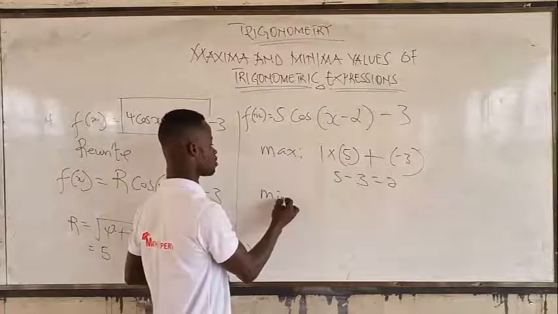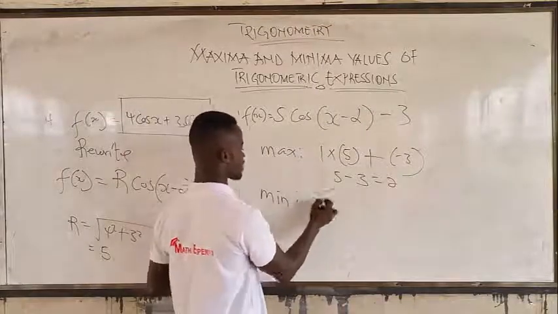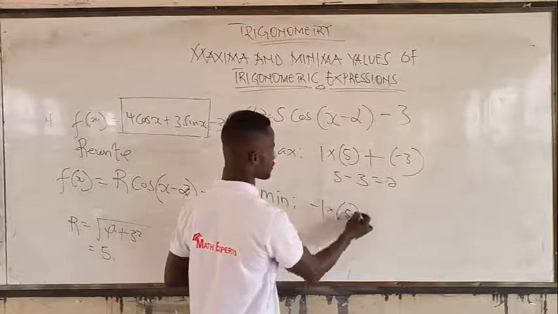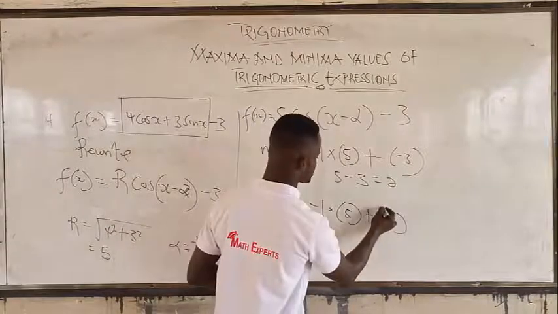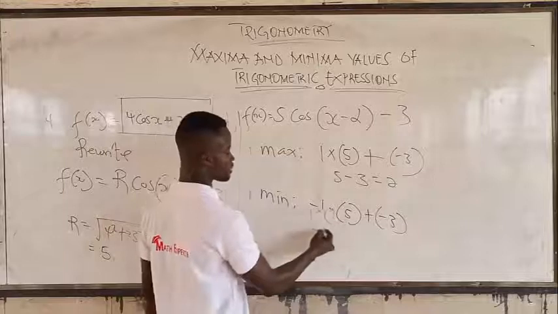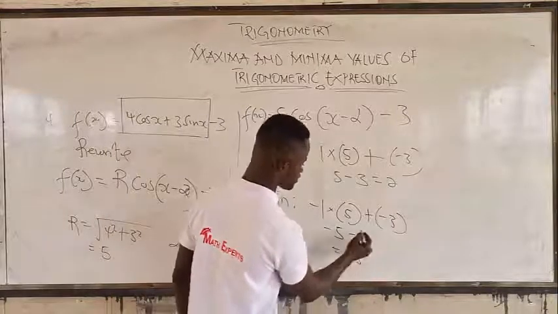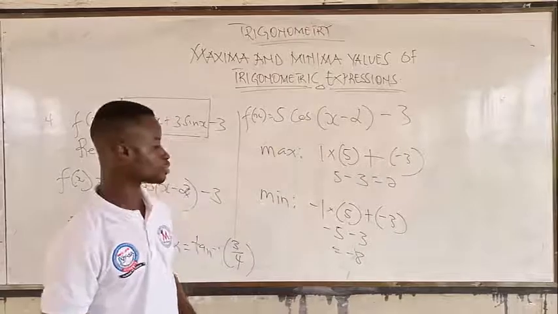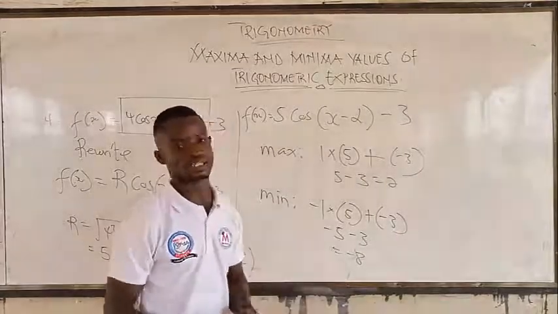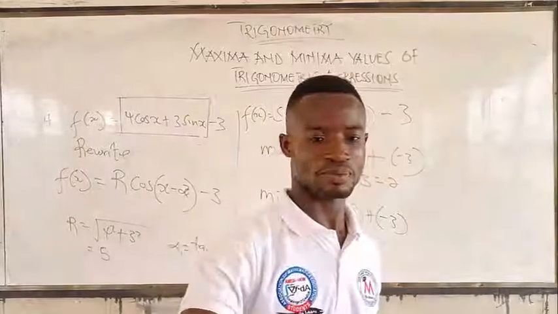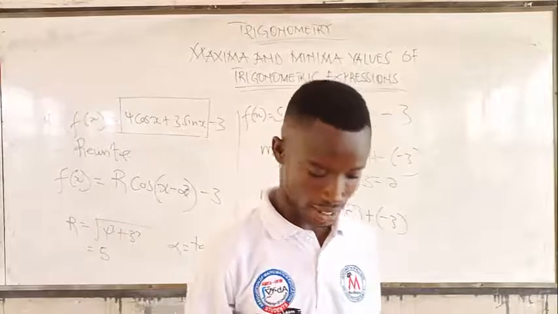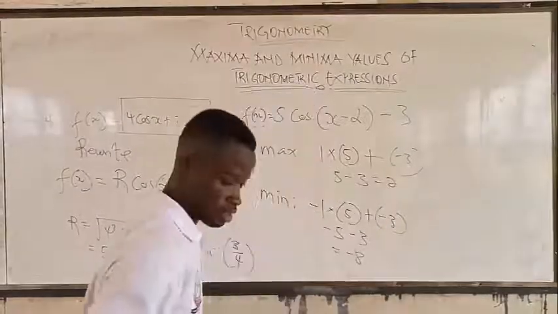But for the minimum, we multiply negative 1 by 5. Then we add it to the vertical shift. So here we get negative 5 minus 3, and that is negative 8. Yeah, so for the minimum, we get negative 8. Alright, please continue to try your hands on the rest.